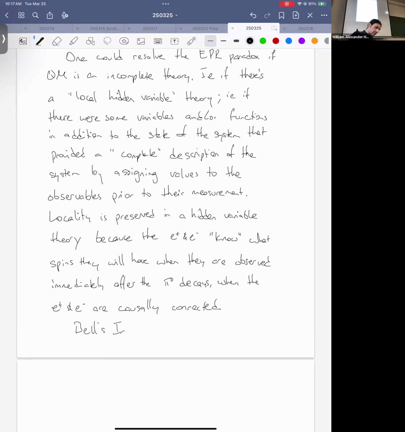Okay, so Bell's inequality, which we'll talk about in just a second, is an inequality that any local hidden variable theory must obey.